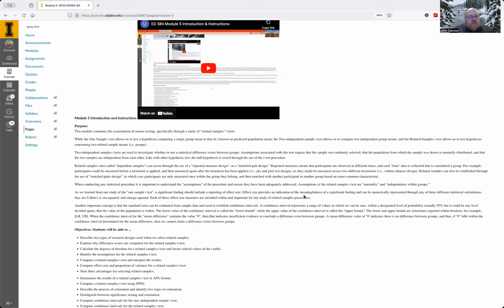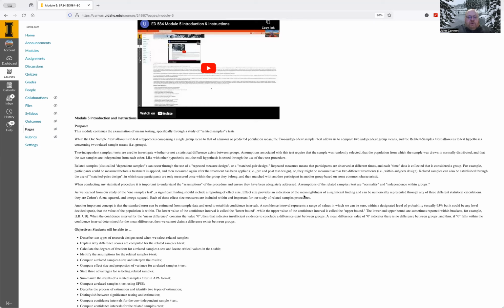Related samples can also be established through the use of a matched pair design, in which case participants are only measured once within the group they belong and then matched with another participant in another group based on some common characteristic. When conducting any statistical procedure, it is important to understand the assumptions of the procedure and ensure they have been adequately addressed. Assumptions of the related samples t-test are normality and independence within groups.